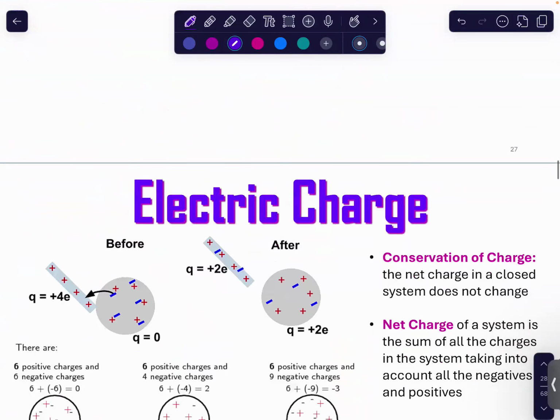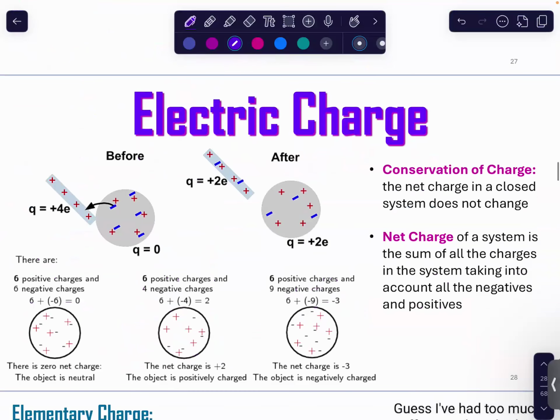All right, let's move on to electric charge. Now, one thing that happens with charge that happened with energy is that it's conserved. So the total charge you start with in a system is the total charge you end with in a system. When we're working with charge in physics, it's either represented as q or Q based off the situation. Little q is usually individual charges.